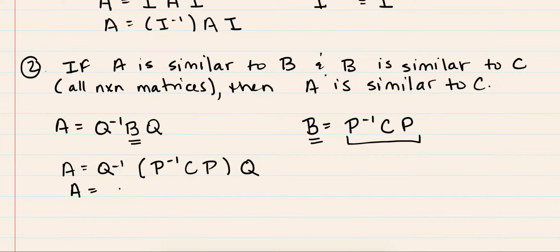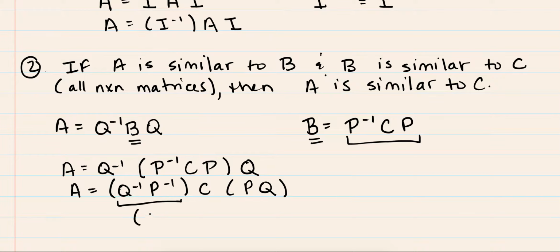So A is Q inverse P inverse, let's put those in parentheses, C P Q. But look at this thing right here. This is PQ inverse. We already know that P and Q are invertible. And here we have Q inverse P inverse, which is exactly what we get when we take the inverse of two invertible matrices. So you can see that A is similar to C.